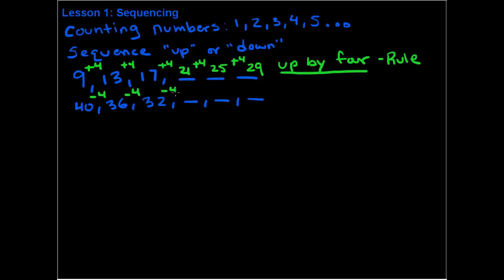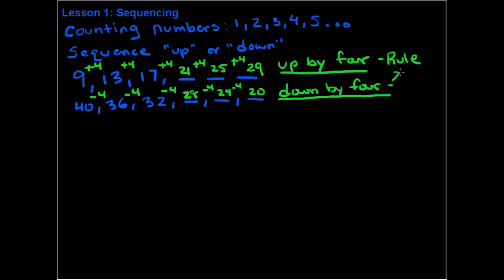So I'm going to continue on with this pattern or sequence. 32 minus 4 gives me 28. 28 minus 4 is 24. And 24 minus 4 is 20. So in this one, I know my rule is down by 4.